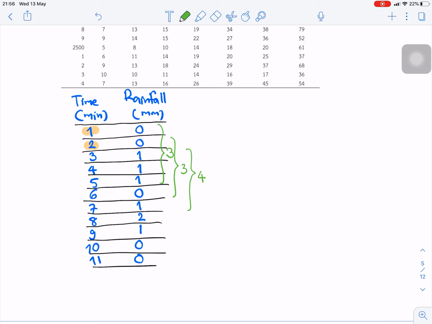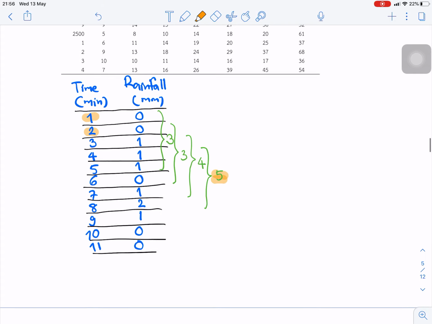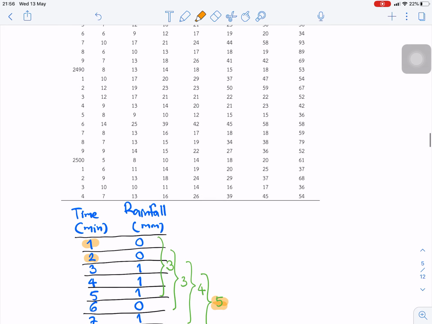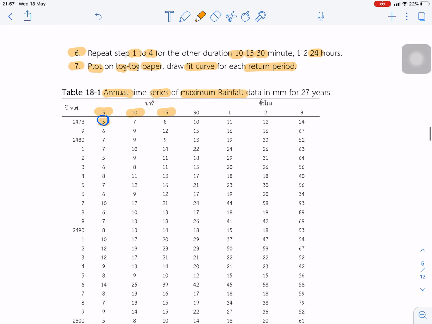Okay, move again. Summation is 5. Something like this, and we just pick one maximum number. For example, we pick 5 as the maximum millimeters and put it here as the maximum for this year, and we do the same for another year. We got 6 millimeters, and the third year got 7 millimeters. So that is the maximum rainfall for the 5-minute duration.